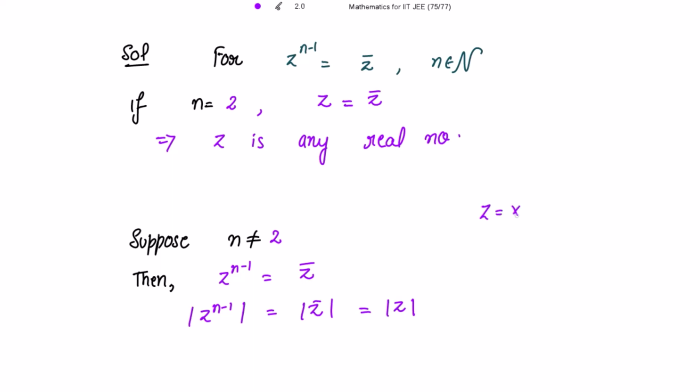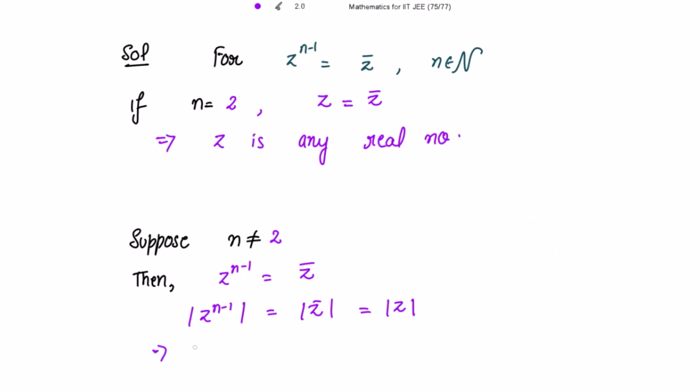Your z is x plus iota y, and z bar is x minus iota y. If you take the mod of z, you get the square root of x squared plus y squared. If you take the mod of z bar, you also get the square of the real part plus the square of the imaginary part under the root. So both the mods are equal.